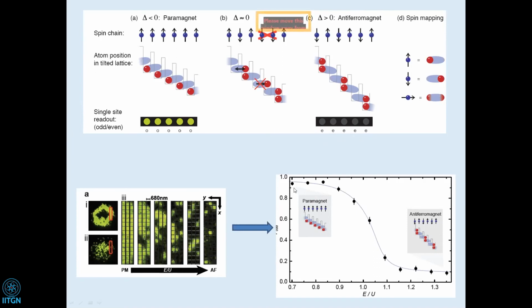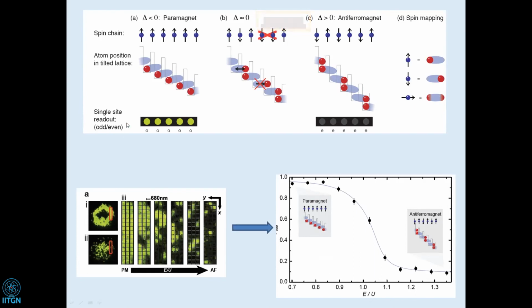And if you look at it, so this is their tilt, and as you increase this tilt, they plot the probability of sites with odd number of occupation, which goes from close to 1 to close to 0 as you go from a paramagnetic to an antiferromagnetic phase as a function of this electric field.